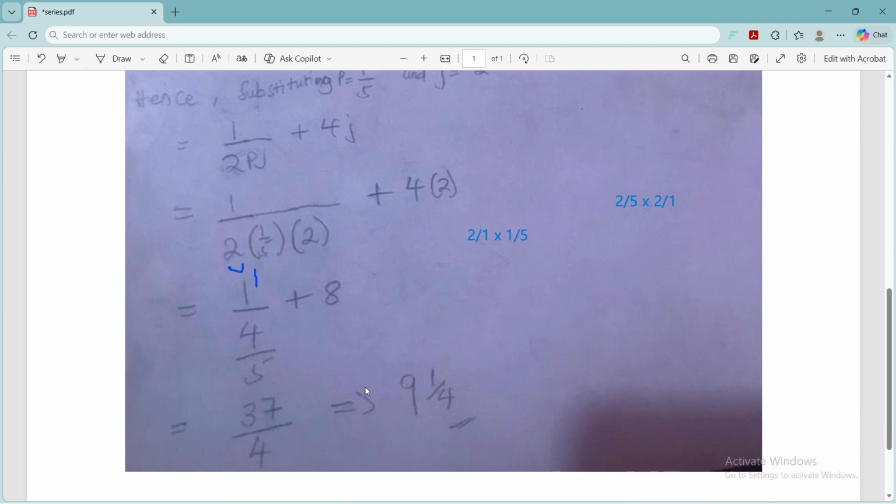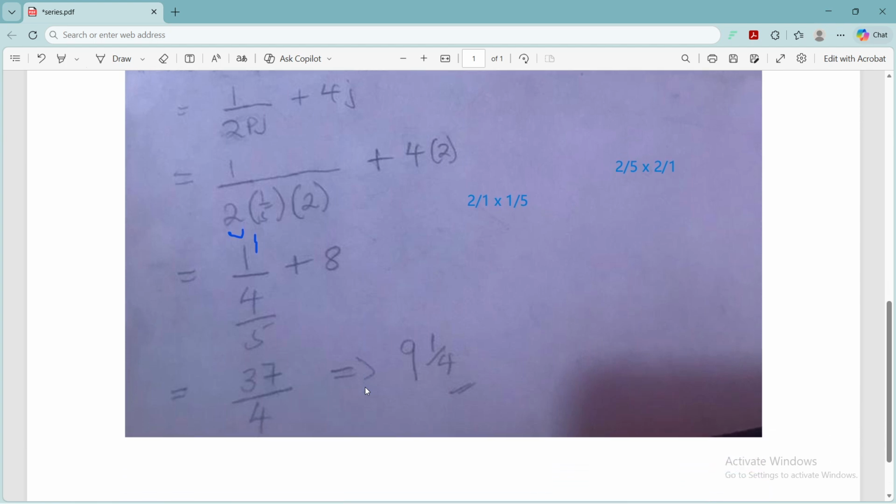So here, we are going to have 1 over 4 divided by 5 plus 8, right? And remember that we said division goes with multiplication, right?